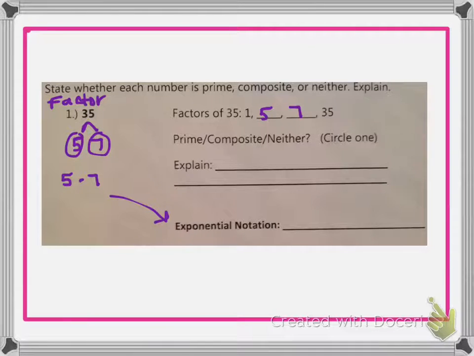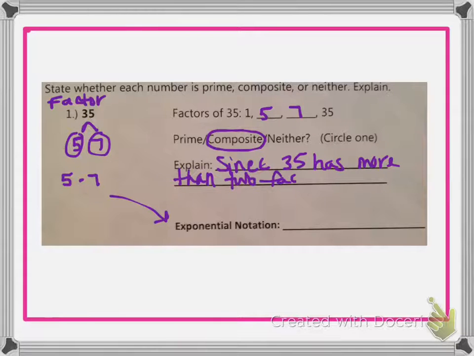So is this prime, composite, or neither according to our definitions? Well, prime has factors of just 1 and itself. Composite has more than two factors, and neither is going to be 0 or 1. So since 35 has more than two factors, it is composite.